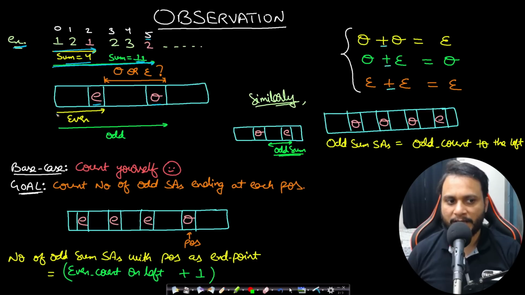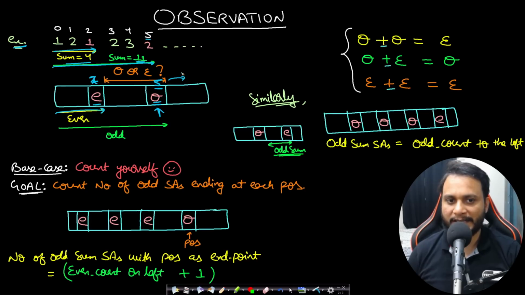So I can say that the prefix sum till this particular index, let's say, is even. In this case it is index 2, and the prefix sum till this index 5 is odd. Now if I ask you how many subarrays are ending at this position 5 which are odd?